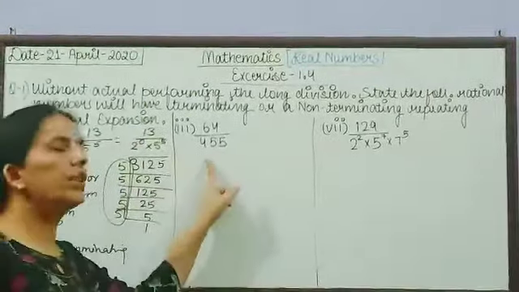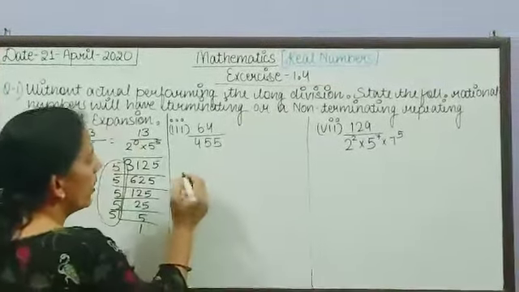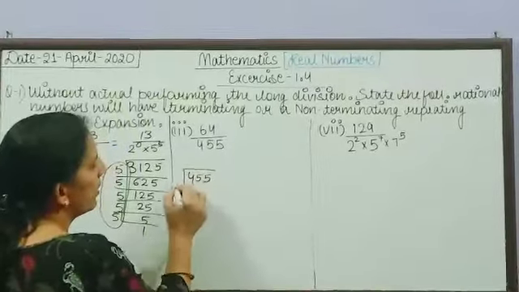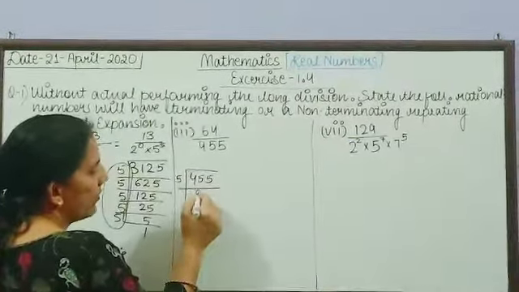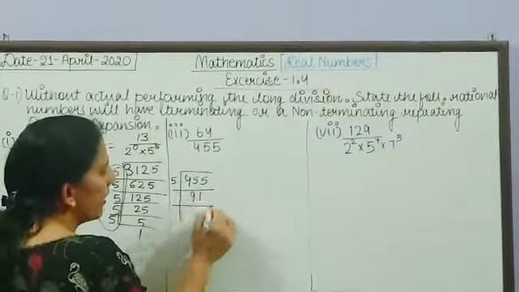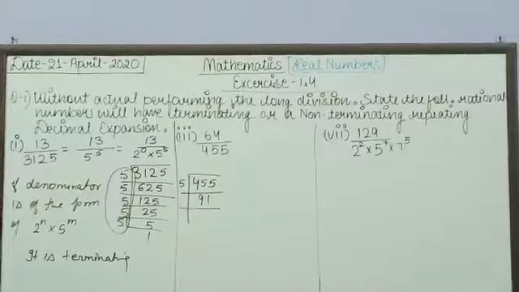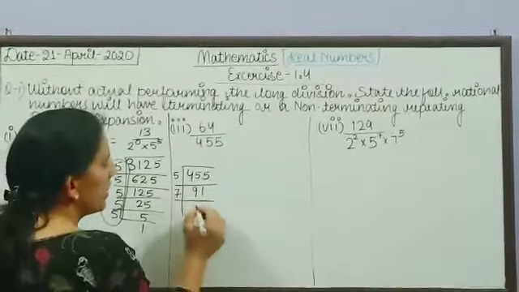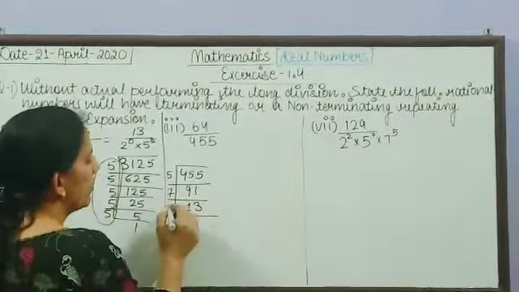Now, the third part we are taking: 455. What are you going to get? 455. Again, 5: 5 nines are 45, 5 is a 5. 91 is the product of what? 7 ones are 7, 7 threes are 21, so 13.